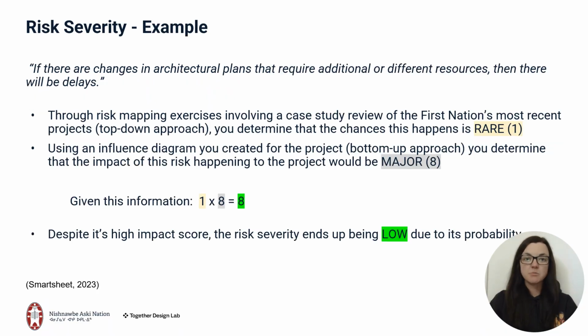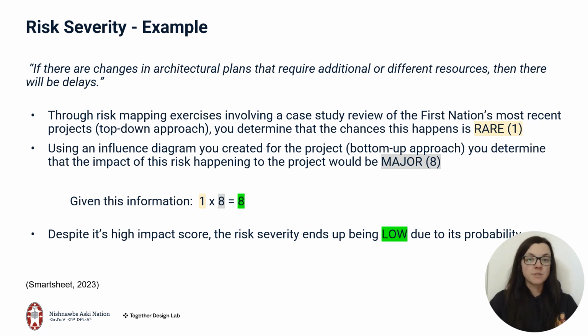Let's look at an example of risk severity. If there are changes in architectural plans that require additional or different resources, then there will be delays. Through risk mapping exercises involving a case study review of your First Nation's most recent project, considered in the top-down approach, you determine that the chances of this happening are rare.